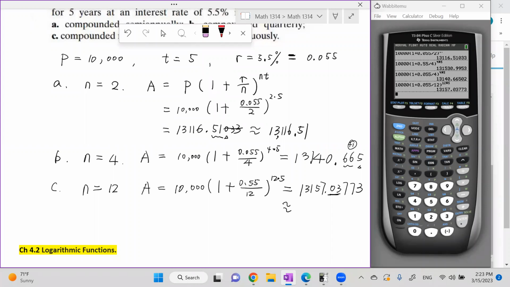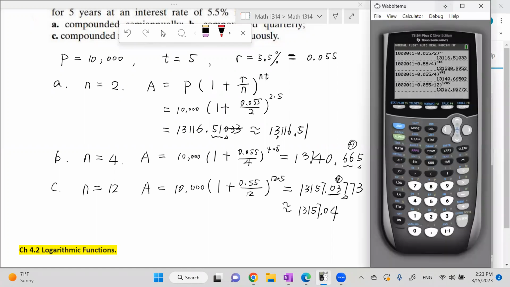So keep these 2 decimal places, and 7 is greater than 5. So we make the 3 add 1. So we have 13157.04.